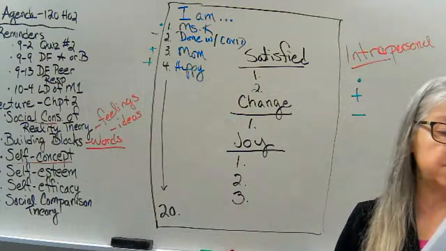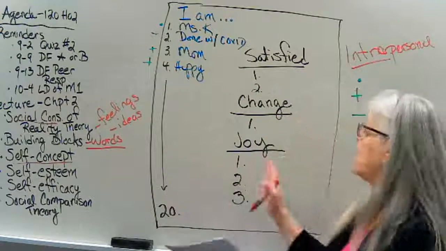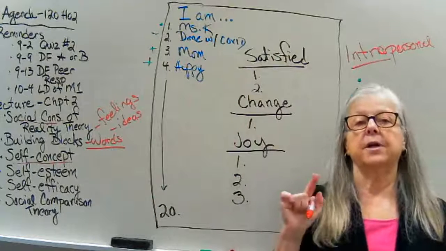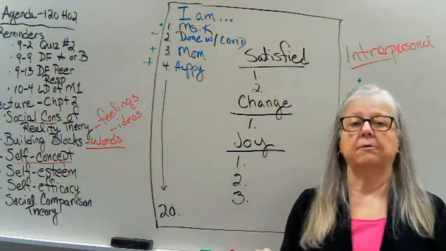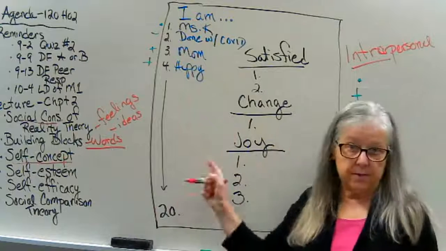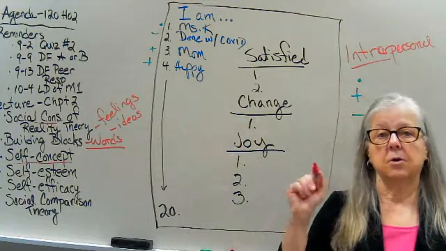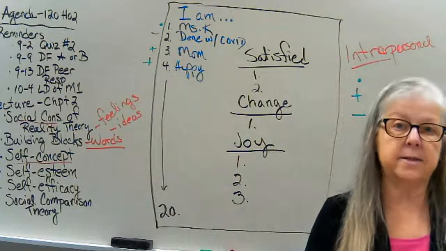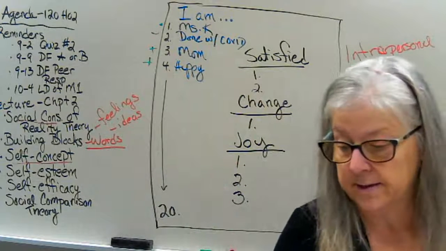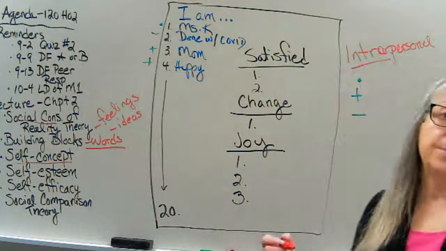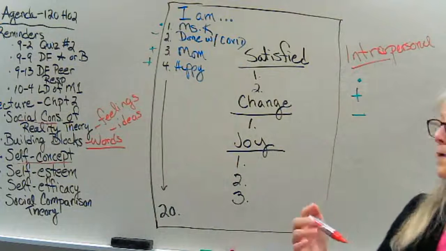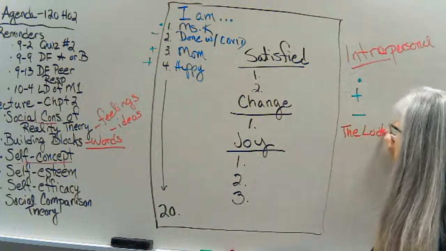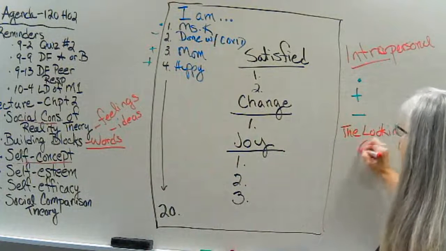Self-concept is defined as the overall idea of who a person thinks they are. So right now, this represents who you think you are, all right? This is utilized a lot by what is known as the original theory called the looking glass self.